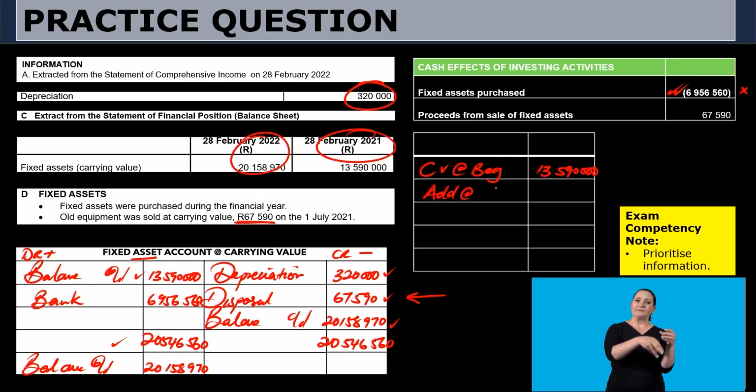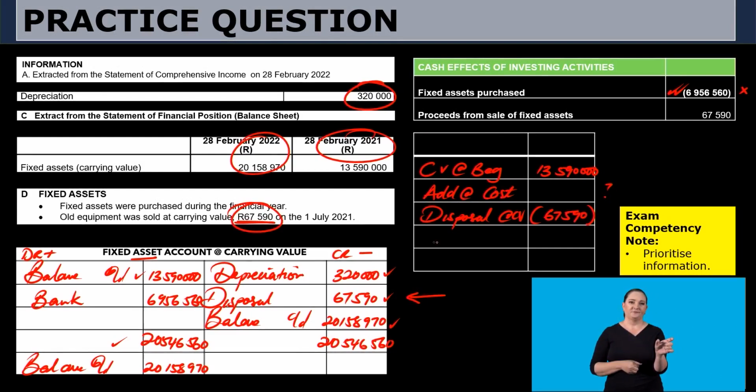And these are additions at cost. Record the additions at cost. This is what we are looking for now. And then you now say disposal at carrying value. Disposal at carrying value, you subtract it. So you have your bracket. And disposal was 67,590.